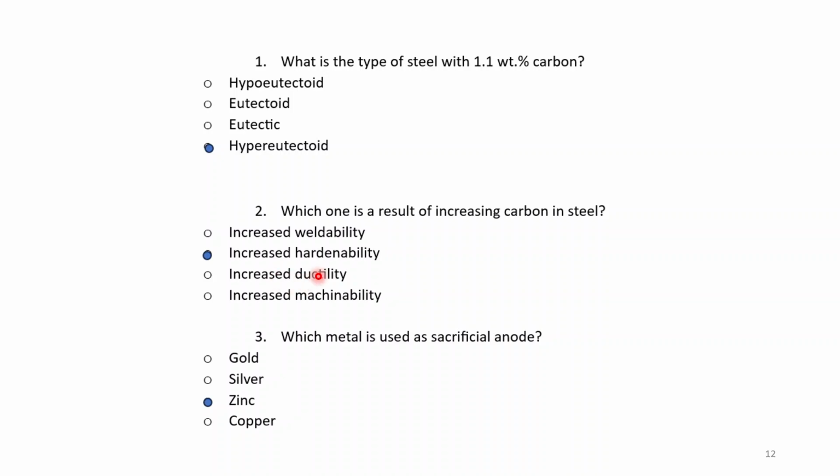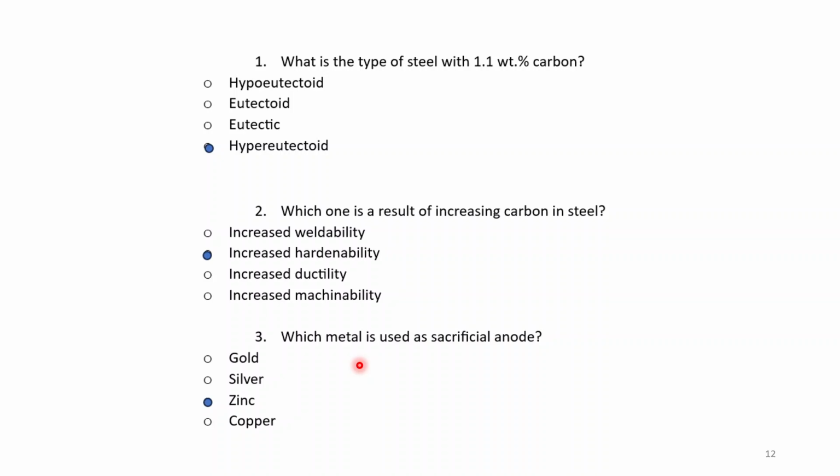Ductility will also go down as hardness is improving and strength is increasing. So this is also not the correct answer. And machinability, as you keep on increasing the carbon percentage, its machinability will decrease, because your material was softer earlier and ferrite was higher percentage. As cementite keeps on increasing, its machinability will go down.